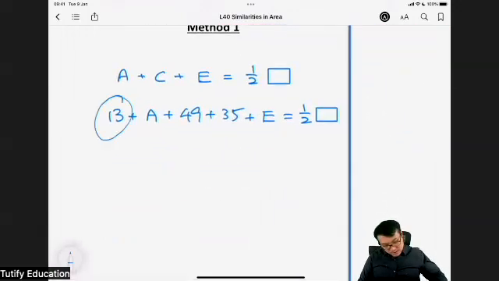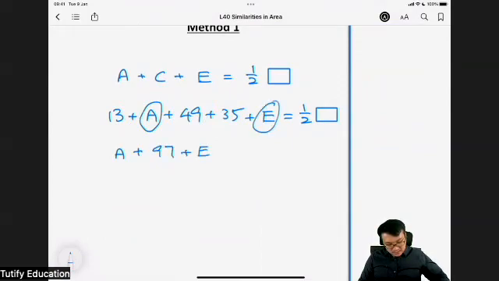So can you help me to take this plus this plus this? What do you get? 97. Okay, so we get 97. So I say I have an A here plus 97 plus the E, and I'm going to get half of the rectangle.